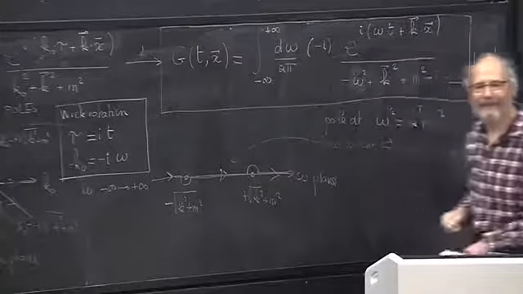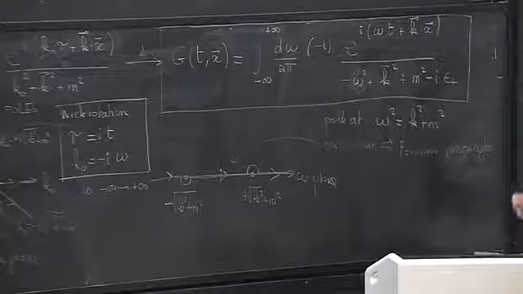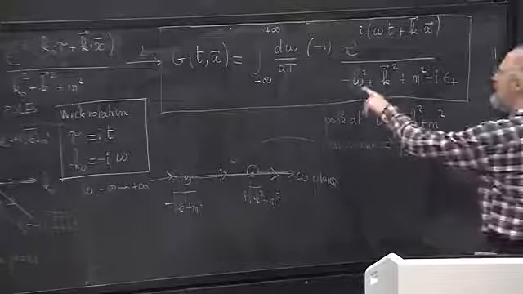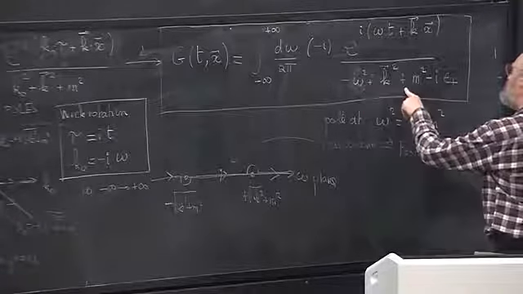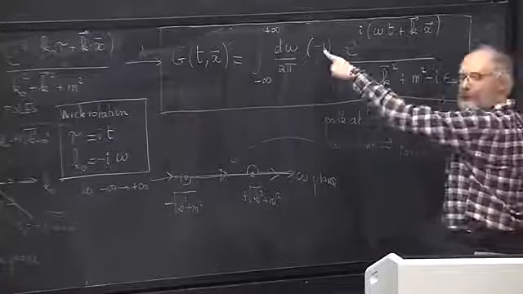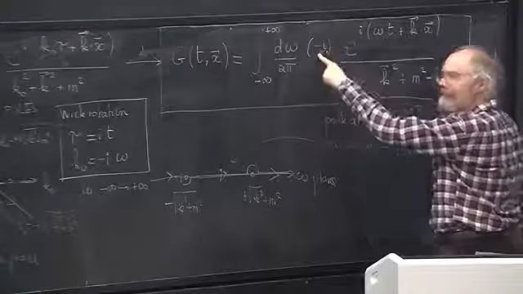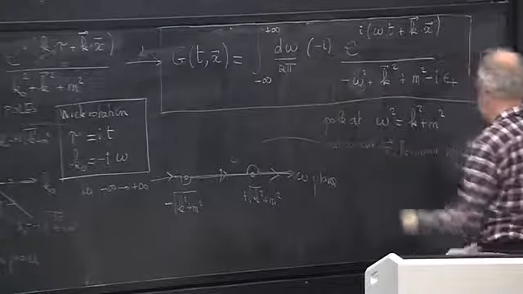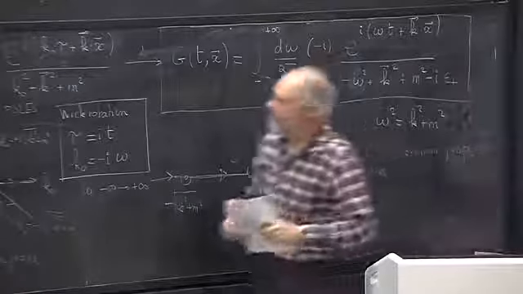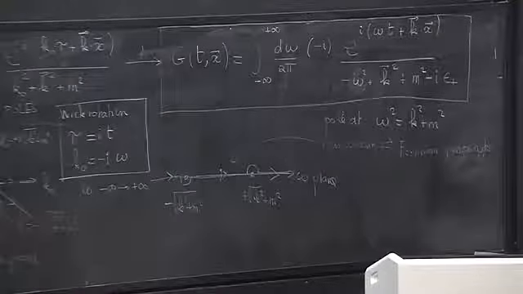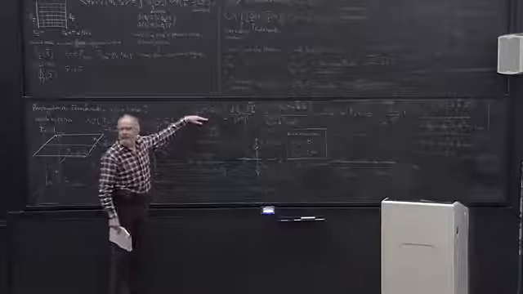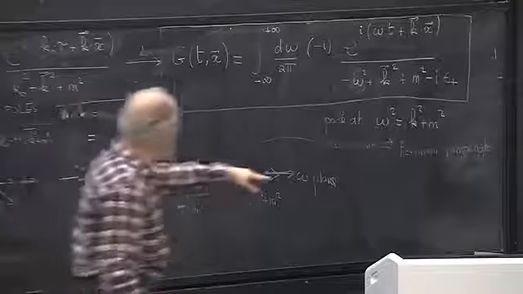You can check. Usually this is written as omega squared minus k squared minus m squared plus i epsilon, which means that here we have a plus i and not a minus i. So g of t, the Wick rotated Euclidean propagator, is the Feynman propagator.